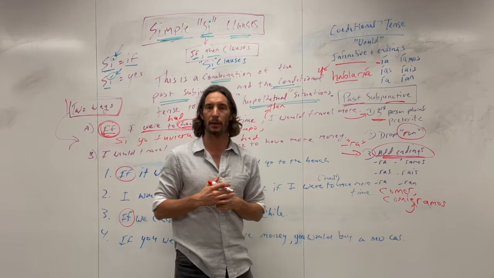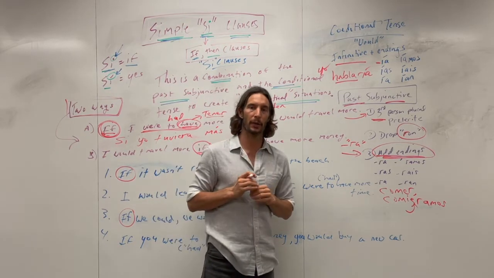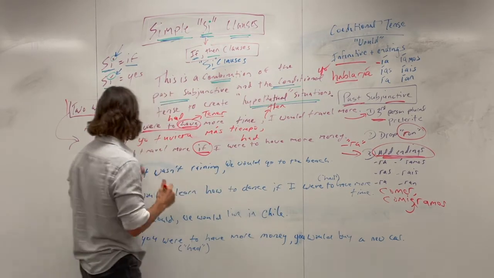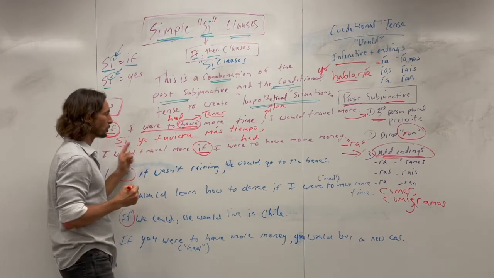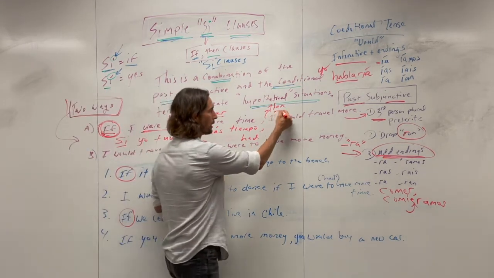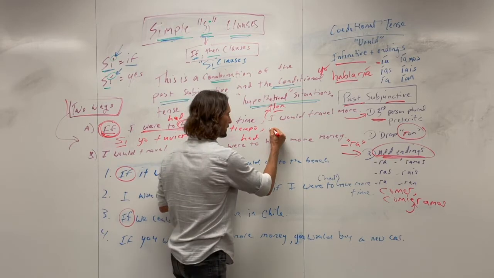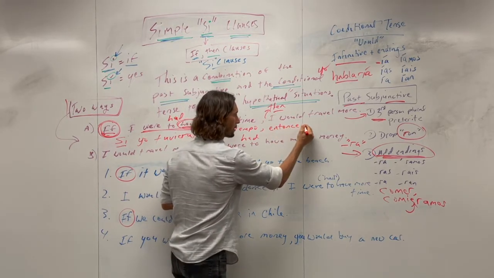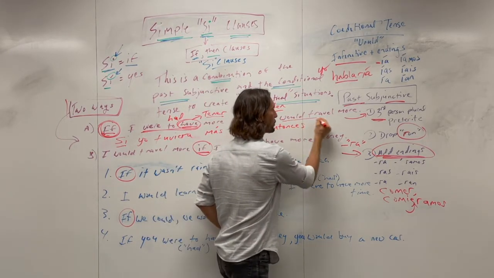You can do that, and I'm going to show you what that will look like as well. And so, coming back here, we have si yo tuviera más tiempo. We're going to squeeze then in there, which is entonces. Entonces, I would travel more.